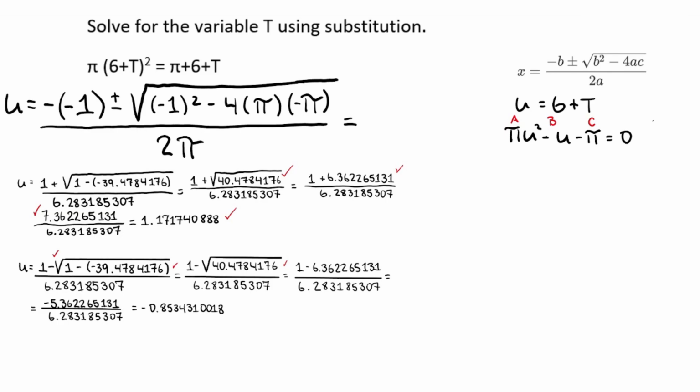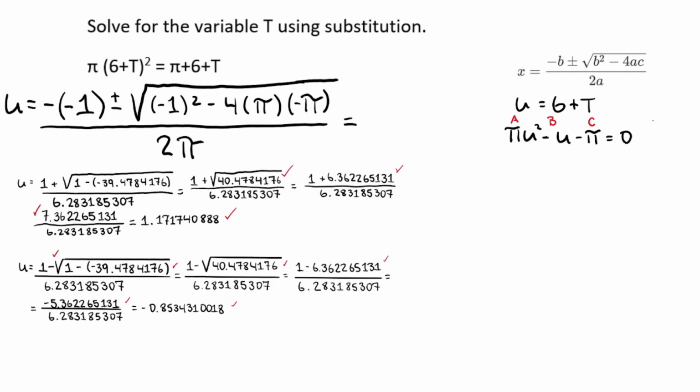Then we took the square root of that number, giving us this number here. And then we took 1 minus 6.362265,131, giving us this negative number here. Then we divided that by 6.283185,307, giving us our second solution.